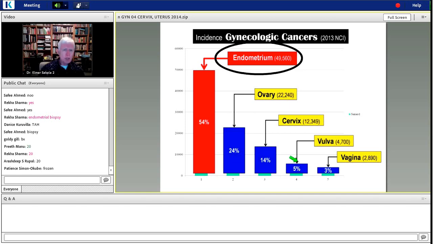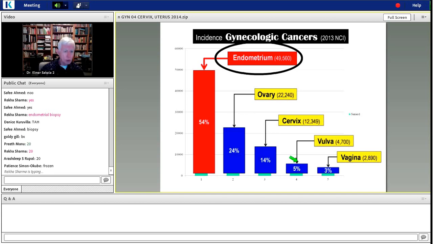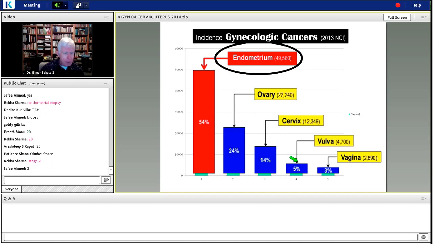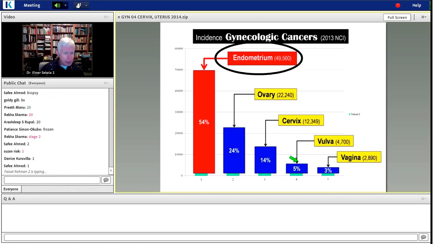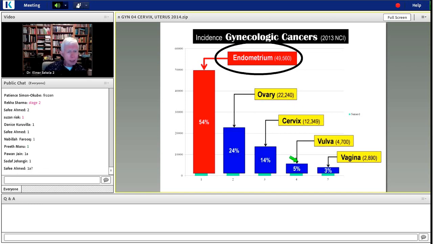Endometrial, what is the most common stage with endometrial cancer? Is it stage 1, stage 2, stage 3, stage 4, when it's picked up? The most common stage is stage, I see stage 2, people saying stage 2, stage 2. It's actually stage 1 because you have bleeding. And so you have early pickup. What is the most common stage with ovarian cancer?